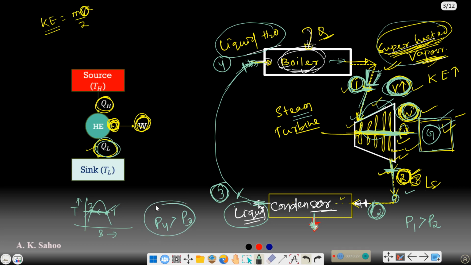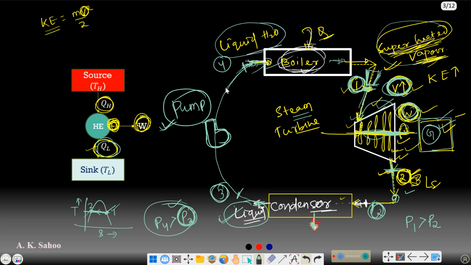So we have to increase the pressure of this liquid before supplying it to the boiler. To do so, we'll be using another device called a pump. This pump is used to increase the pressure of the liquid water and supply this high pressure liquid water to the boiler.